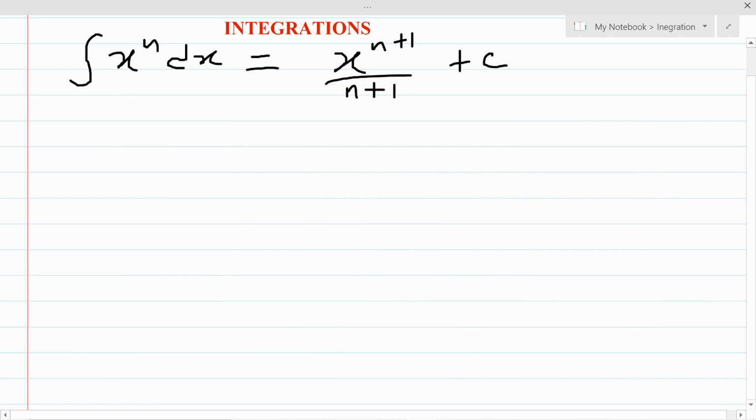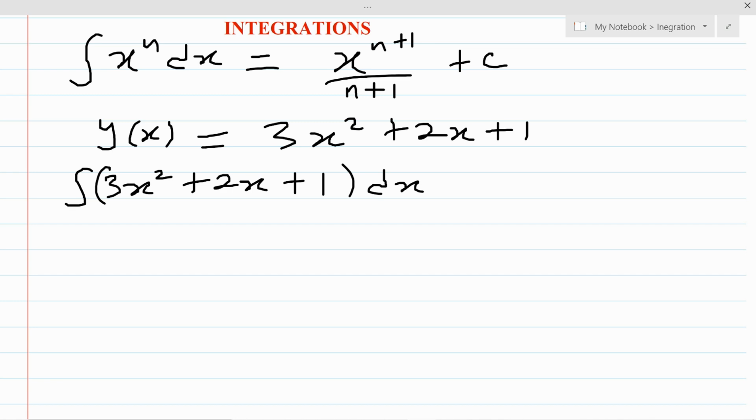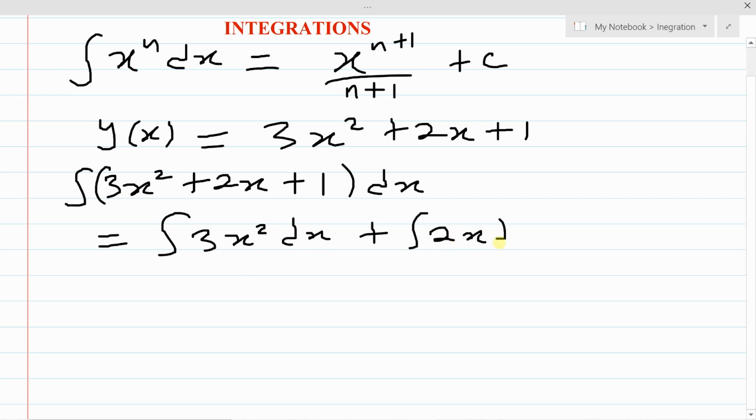Since we are okay with this, let's try to pick another function and integrate. Okay, so y of x or f of x is equal, let's say, 3x squared plus 2x plus 1, and we are supposed to integrate this. Then the integral of 3x squared plus 2x plus 1 dx is the same as, as we said, picking them and integrating them term wise. Plus the integral of 2x dx plus the integral of 1 dx.